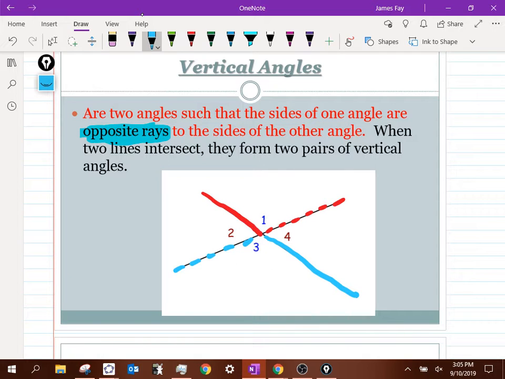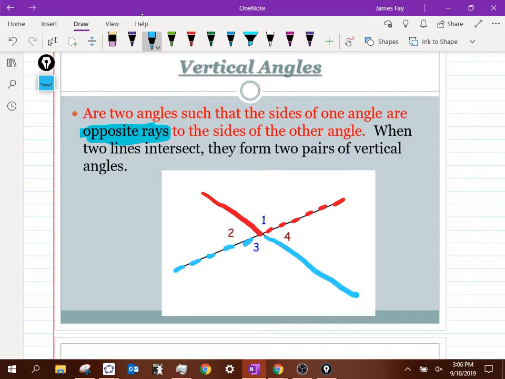If we look at the red and blue solid lines, we would agree that they are sides for respective angles, red one for angle 1, blue one for angle 3. But are the solid ones opposite rays? Those two, the red ray and the blue ray, serve as opposite rays and as sides of two angles.